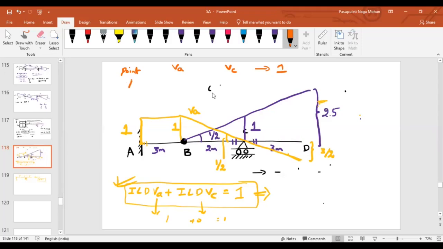If I talk about point A, what is the ordinate of ILD for VA at point A? I can look at this diagram: the ordinate is 1. For the ordinate of ILD for VC, from beyond this point it is 0. So 1. If we look at point B, what is the ordinate of ILD of VA at point B?